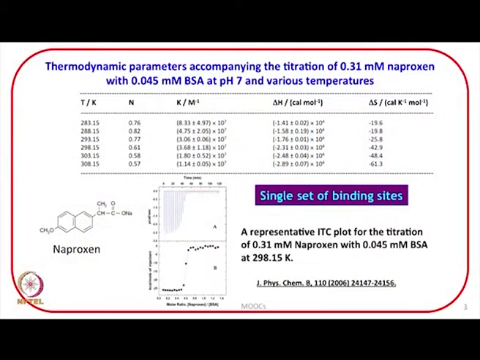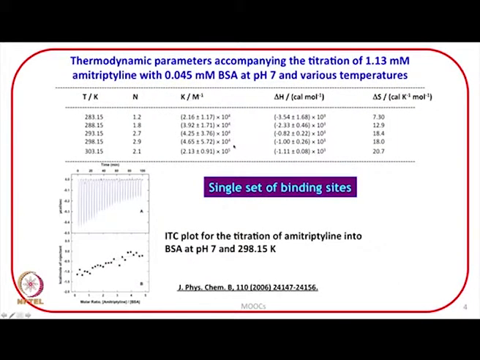Let us take a look at the table. This is the same table that we discussed earlier, showing that the binding constant of naproxen with serum albumin is of the order of 10 raised to the power 7. Let us keep that in mind. And for amitriptyline, the binding constant is of the order of 10 raised to the power 4.